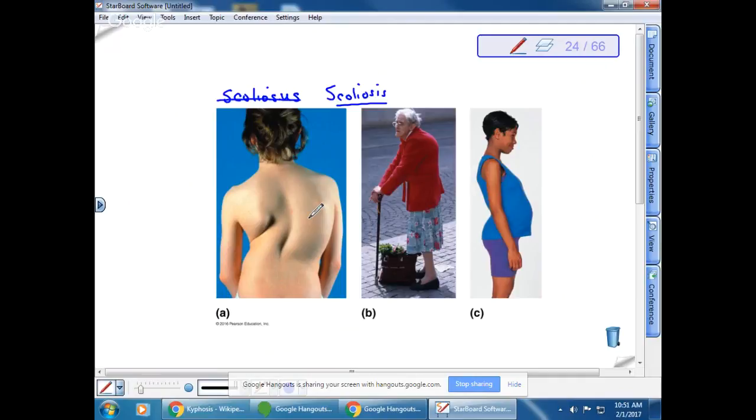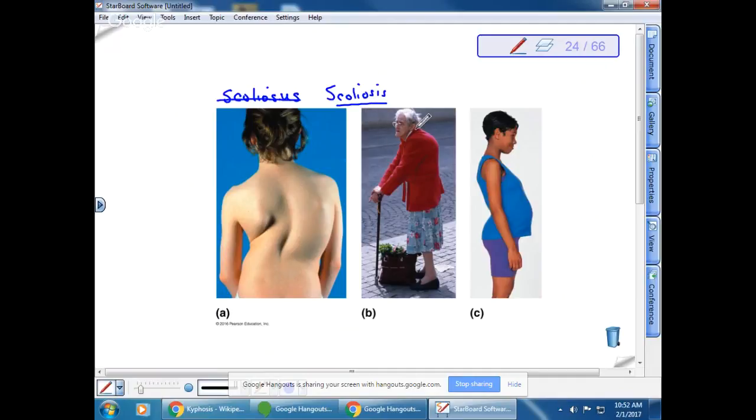Your doctor or chiropractor will tell you that wearing a heavy backpack on the same shoulder day in and day out is not good for your spine, because you build up muscles on one side and not the other, and it can cause a minor curvature of the spine. But something like this is more of a problem developmentally.